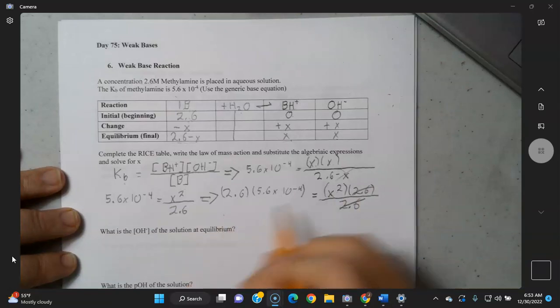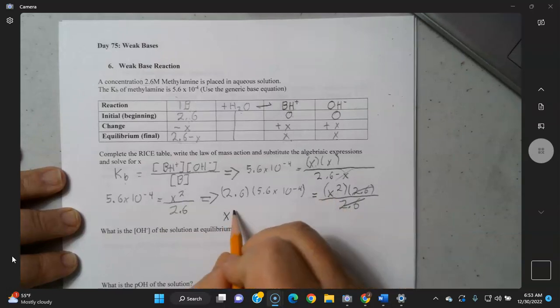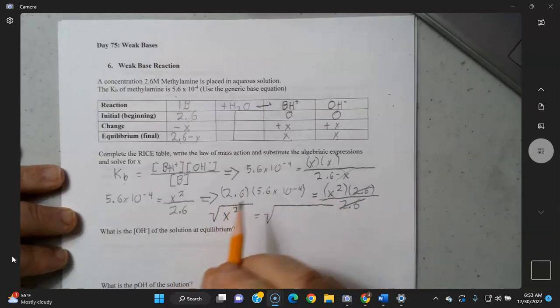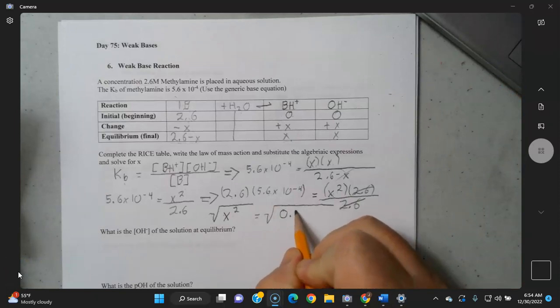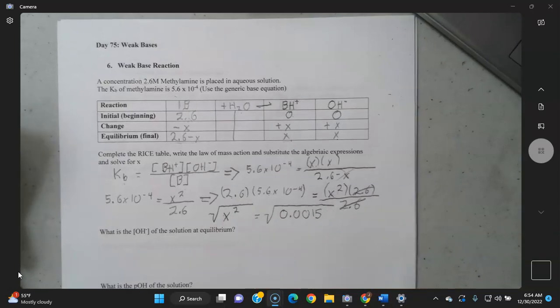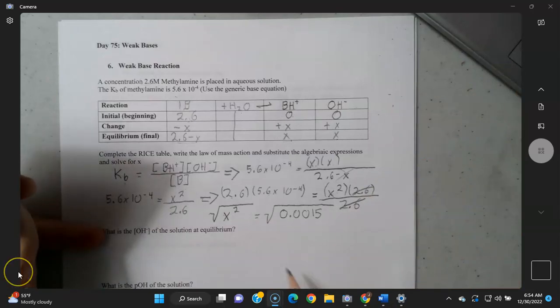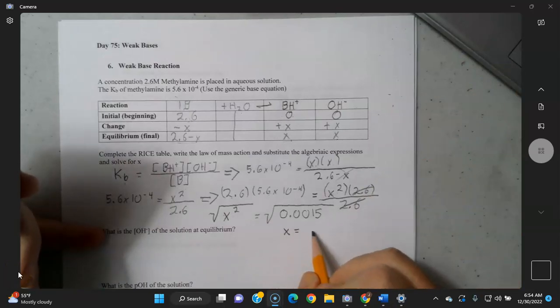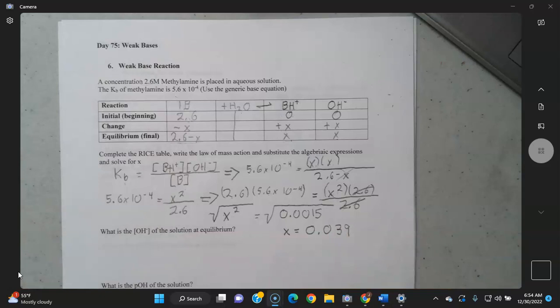Come down here, and I'm going to go ahead and just bring this over here and take the square root of both sides because we're trying to find X. And I'm going to multiply these two together and put it down here. Okay, and we get this. All right, take the square root of that. And we get X equals this. Okay, so that's our value of X.